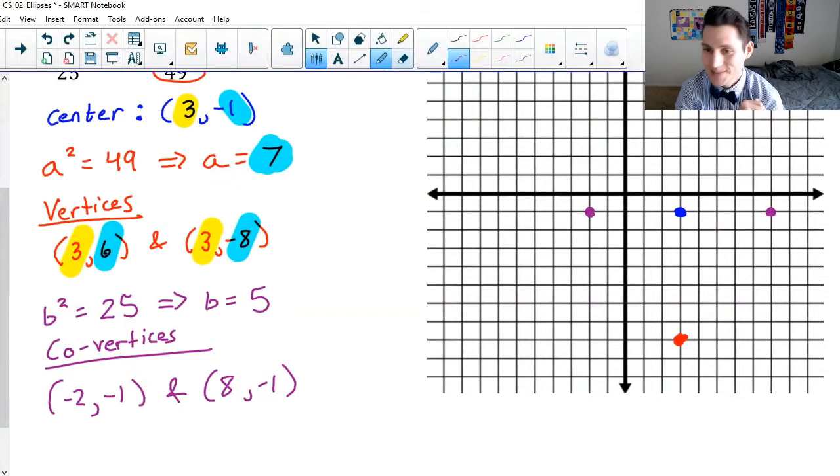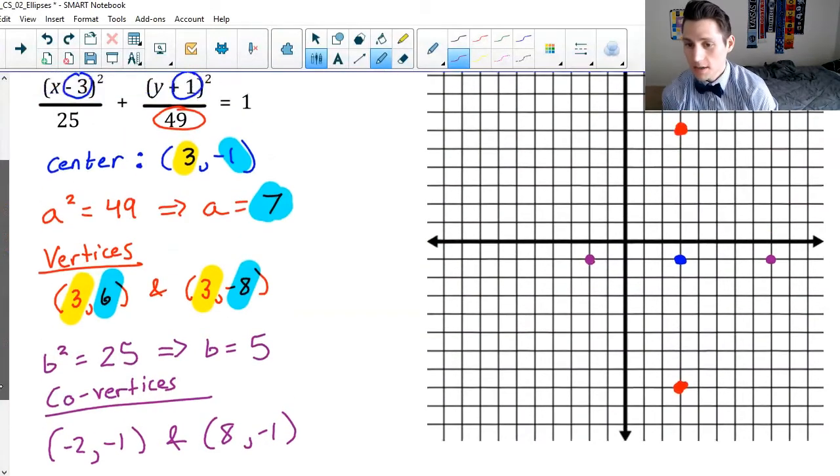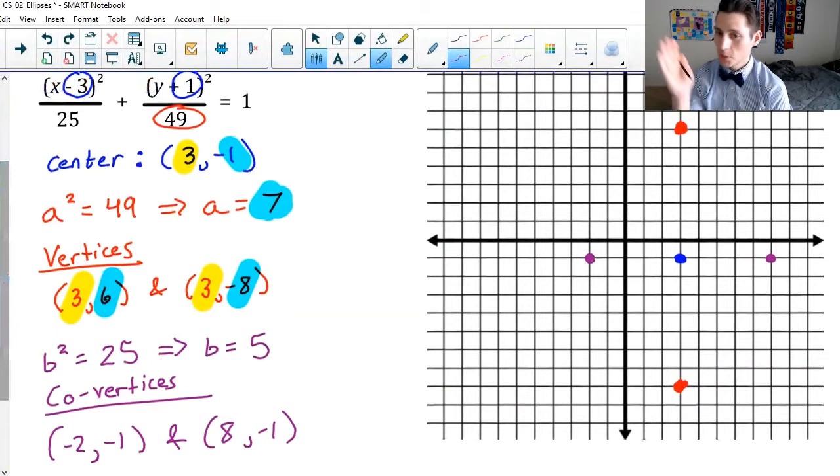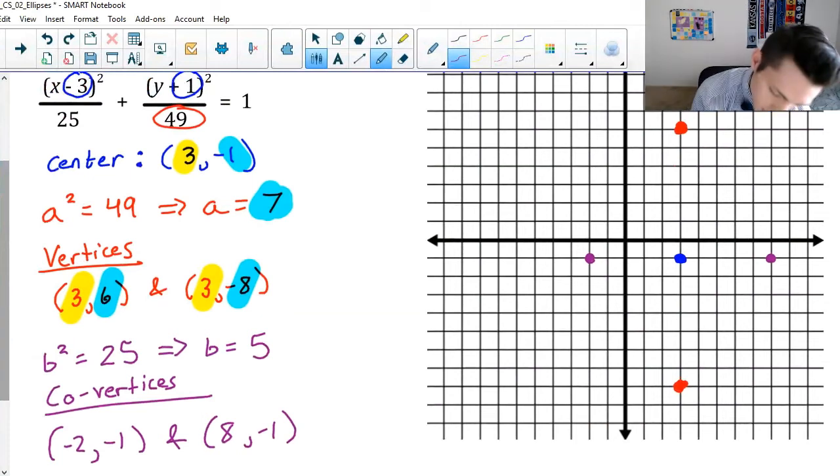Drawing a perfect ellipse is hard. It is, and so that's why I was stalling here, because we have our 4 points, so we know kind of generally what this ellipse is going to look like, but it's a tough go. But we can give it a shot here. So maybe, oh geez.